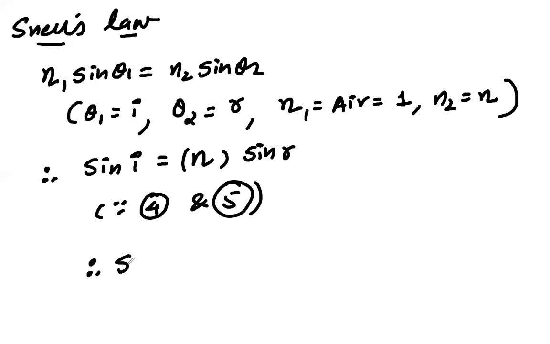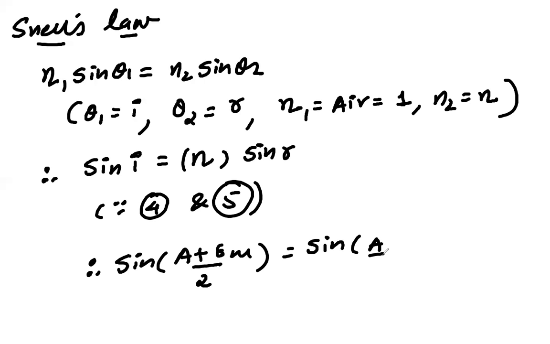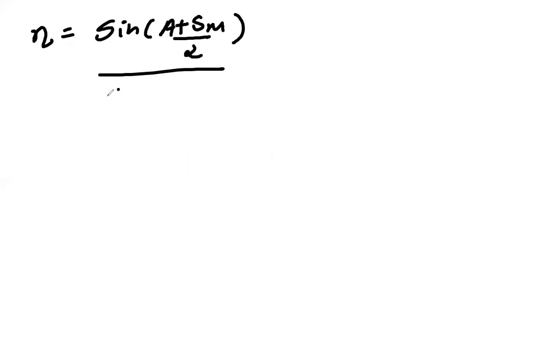I can have sin i equals sin (A plus delta m) divided by 2, and sin r is A by 2, into n. I have to find n, so make n the focus. So my equation is n equals sin ((A plus delta m) divided by 2) whole to the base sin (A by 2).